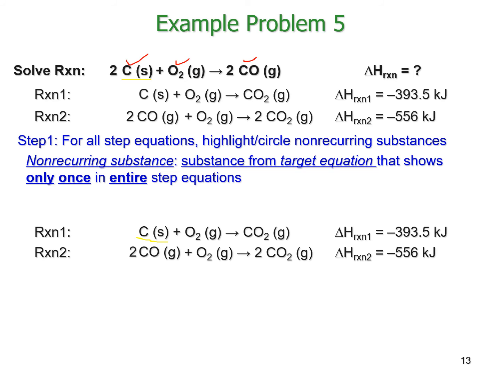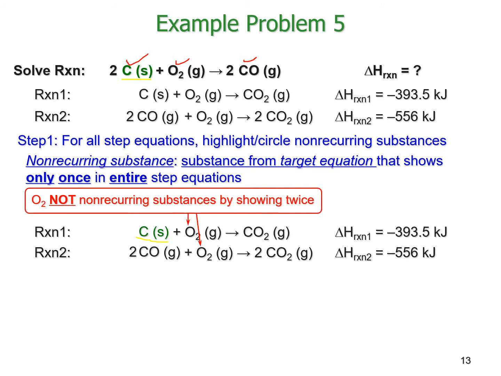What about oxygen? Oh, it has color already. So we highlight the carbon in green to let people understand that carbon, elemental carbon, is a non-recurring substance. Speaking of our second substance in the target equation, oxygen, we realize oxygen is not a non-recurring substance. It is recurring.